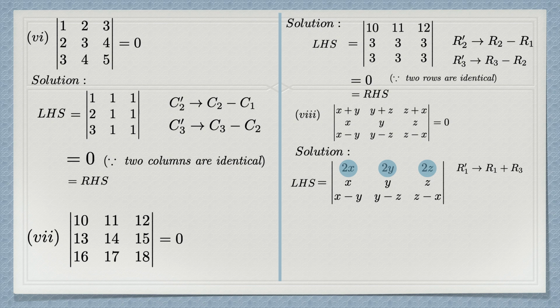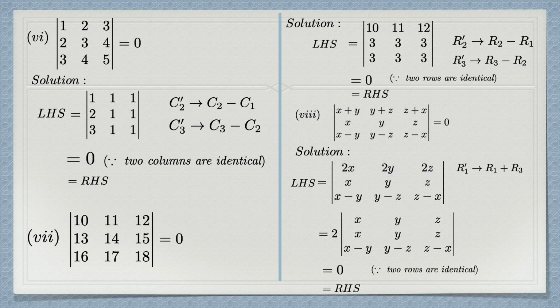Now 2 is common, so we take 2 outside. Then if you see, row 1 and row 2 are identical. Since the rows are identical, the determinant value is 0. That is our right hand side.